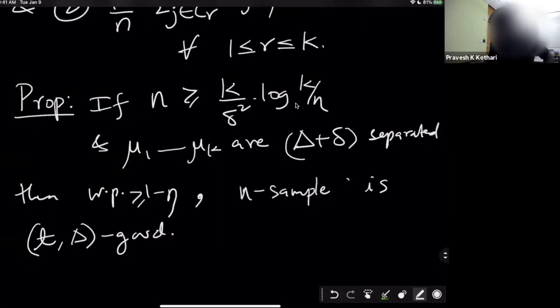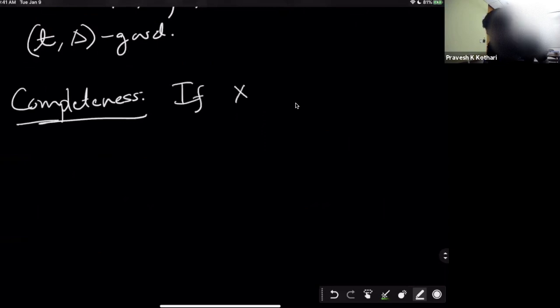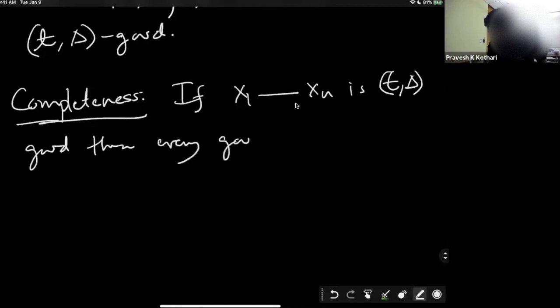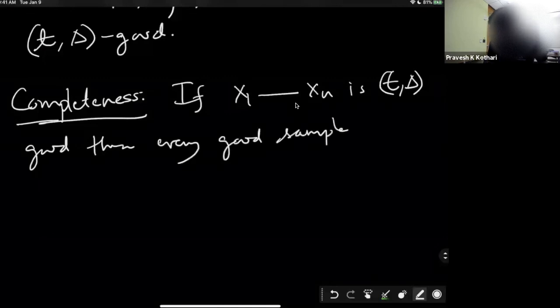Good. Very good. Once I have this, the completeness part should not surprise you. The completeness says that if x1 through xn is t delta good, then every true cluster passes the checks.